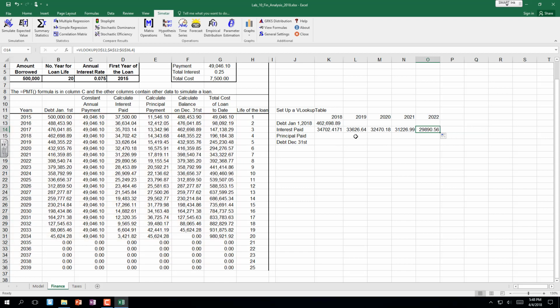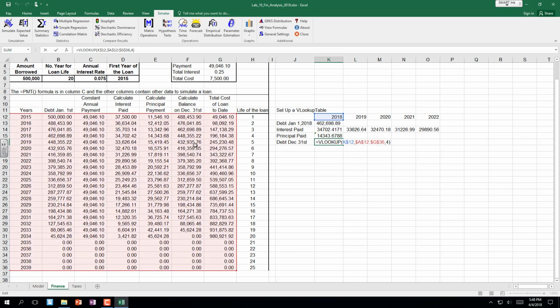Okay? Guess what we're going to do? We need to know the principal that's being paid each year, and the principal is in column 5, like that. You hit enter. And guess how much?